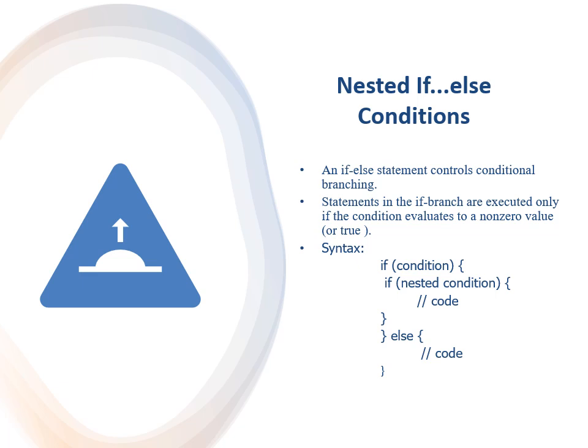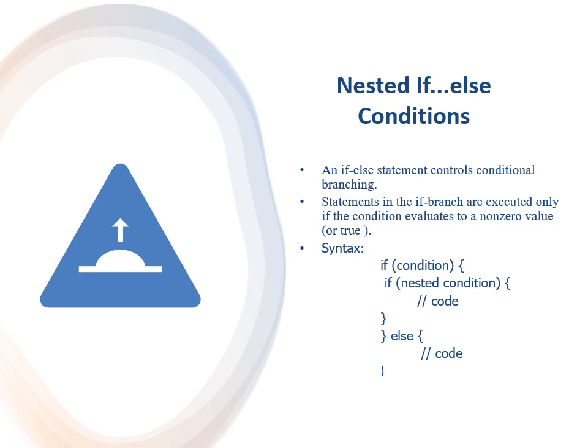The second one, the nested condition, that's another if. So two ifs are combined together. The second if executes only if the first condition is true. Otherwise, the else condition will be executed, because the second if is dependent on the truthfulness of the first if.